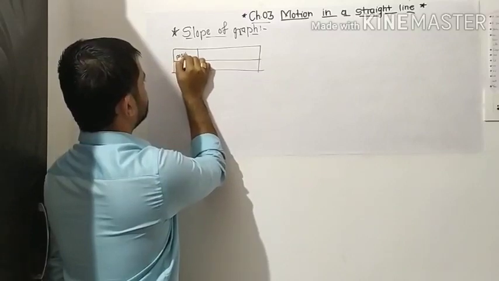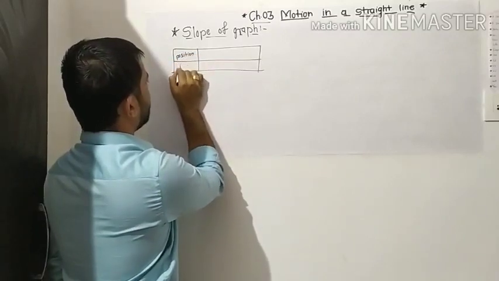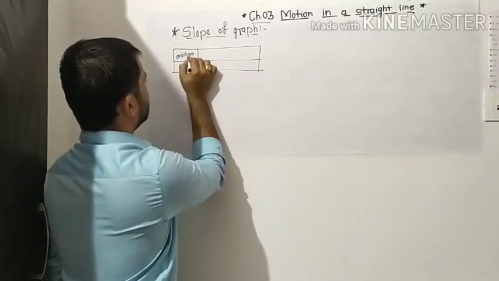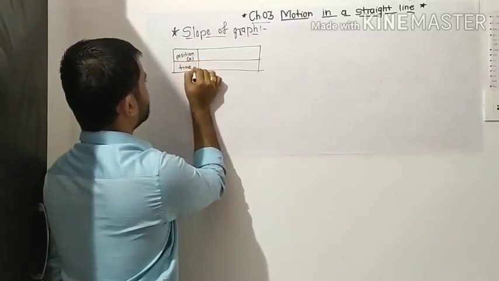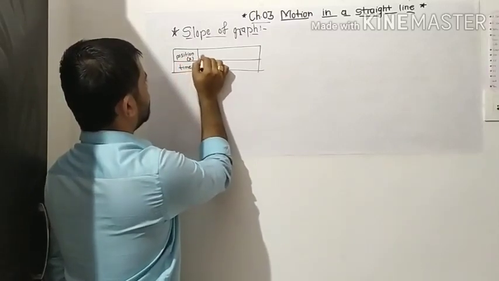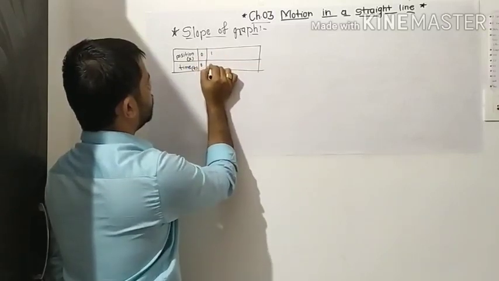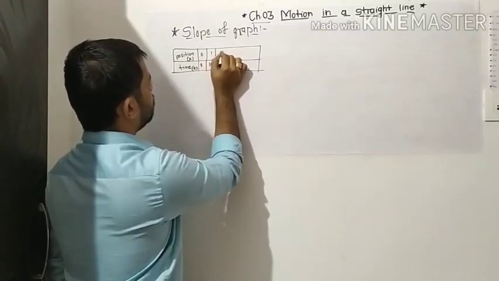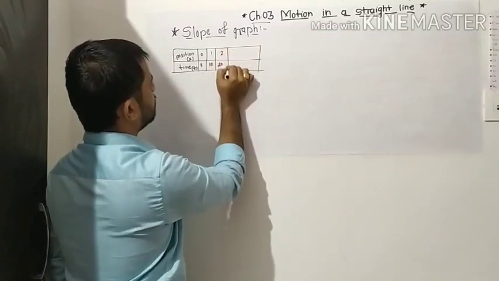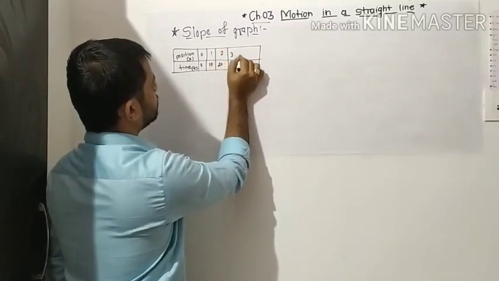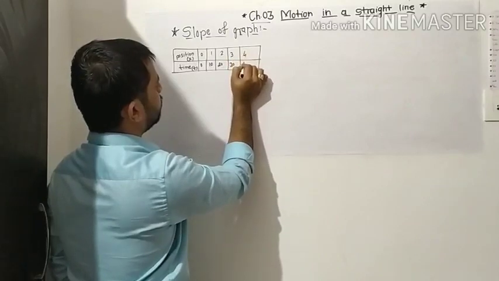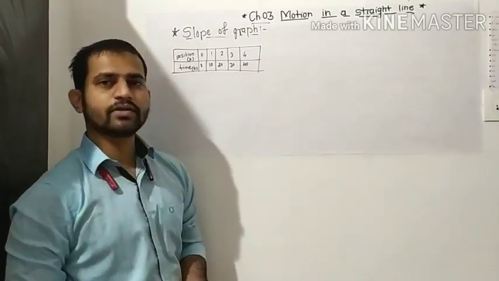This is the position x, and this is the time. For 0, position is 0; for 10 seconds, position is 1; for 20 seconds, 2; for 30 seconds, 3; for 40 seconds, 4. We are just taking this as an example.